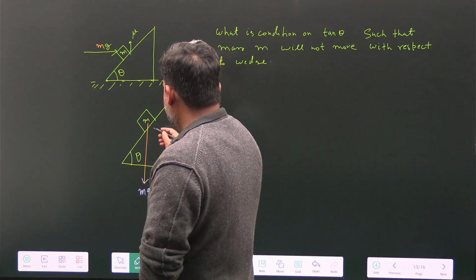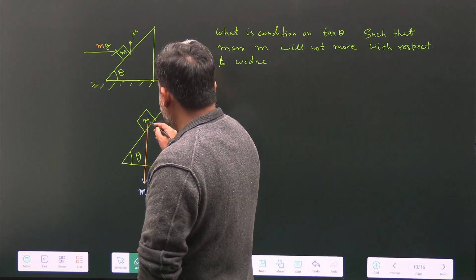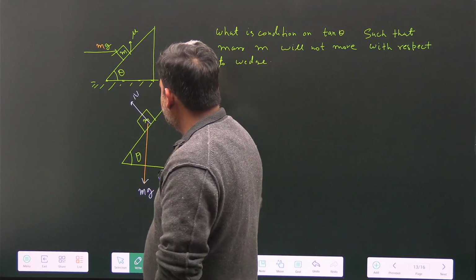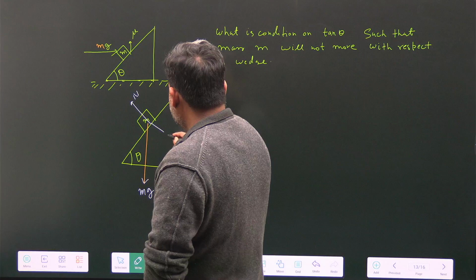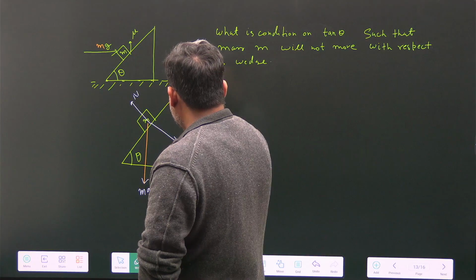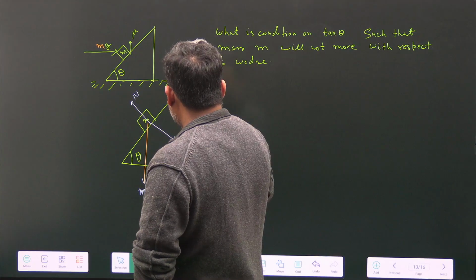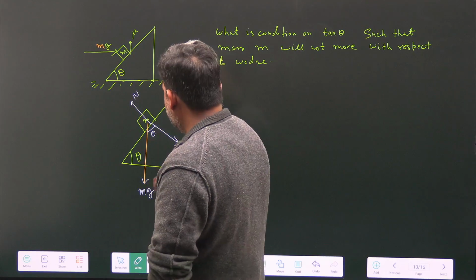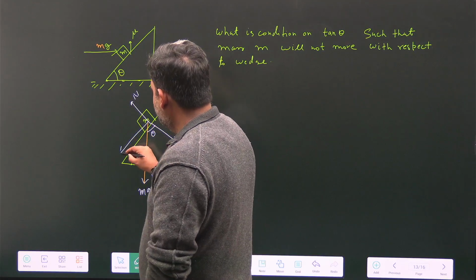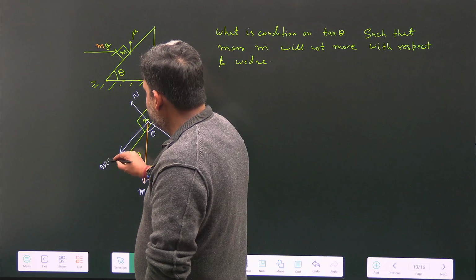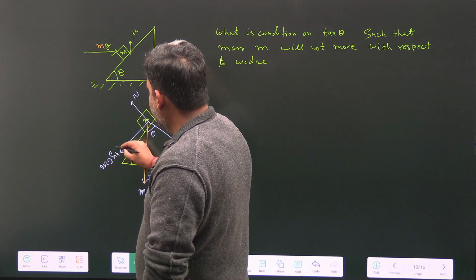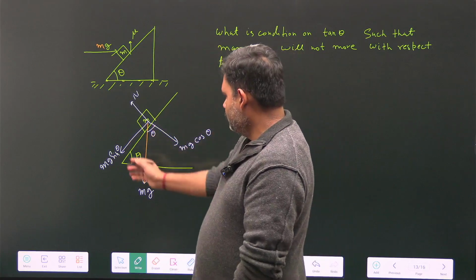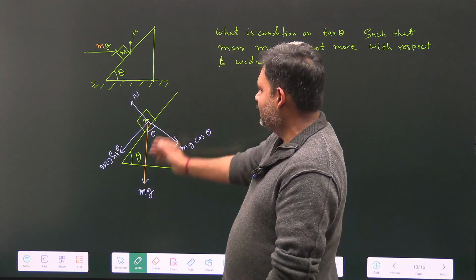This is your normal, and this is your mg cos theta. This angle is theta, and this is your mg sin theta. Okay, so these are all components along the x and y directions.